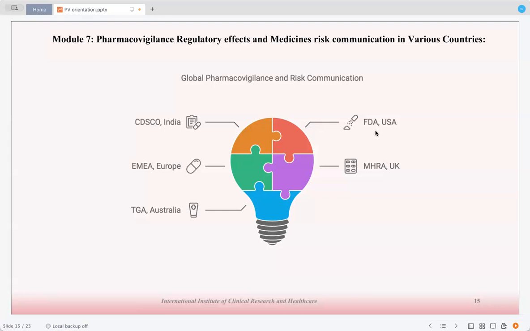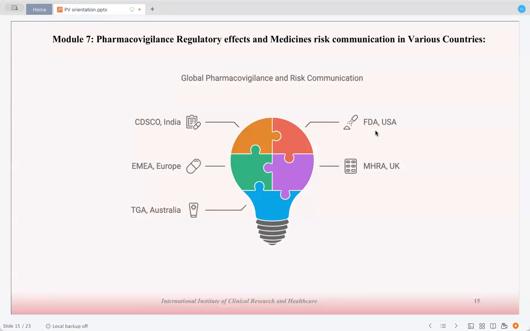Next, in Europe, it is the EMA, that is the European Medicines Agency. They oversee pharmacovigilance across the European Union, requiring safety data submission via PSUR and PBRER. It manages the centralized monitoring of adverse drug reactions and communicates risk to the public and healthcare professionals to safeguard public health.